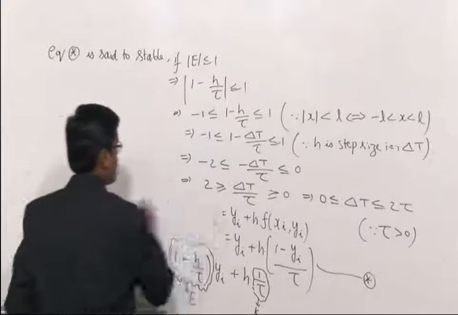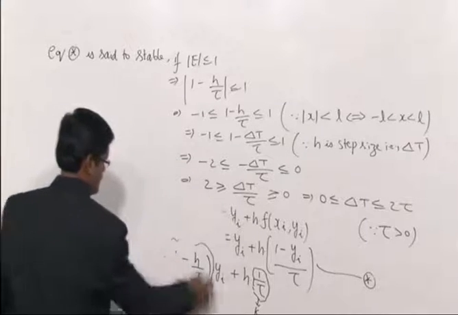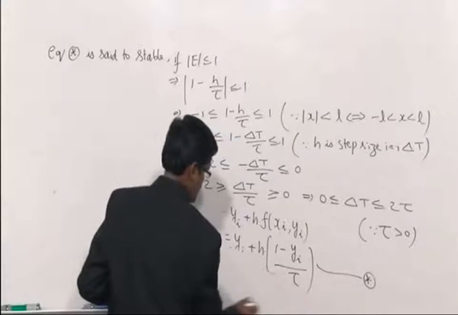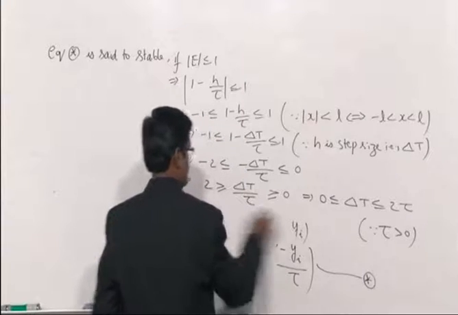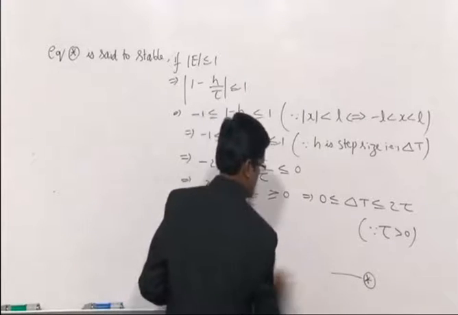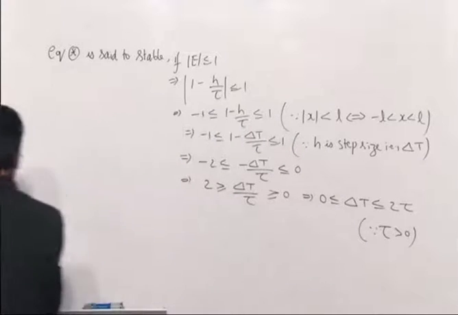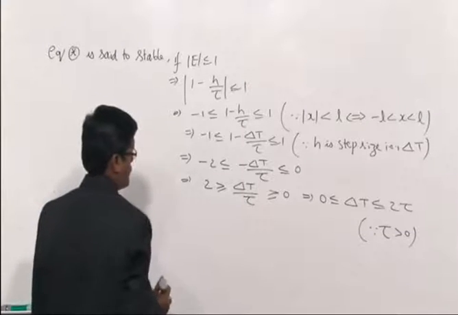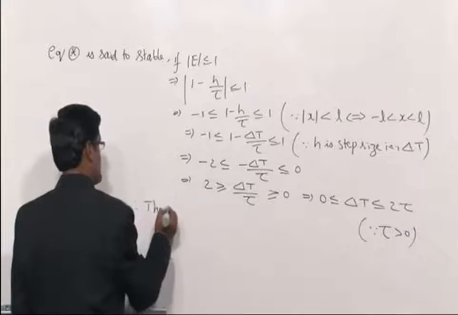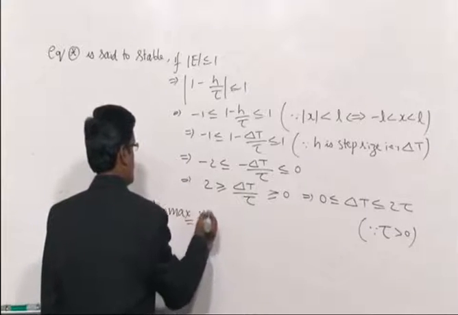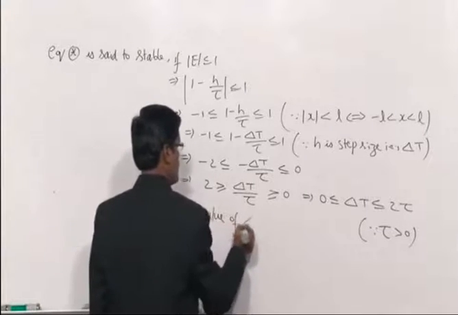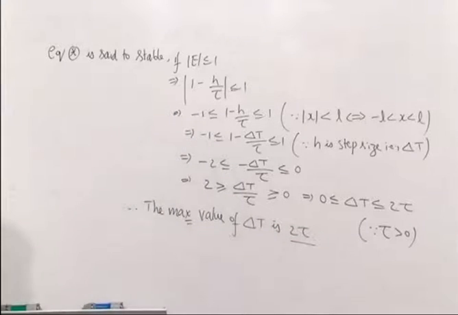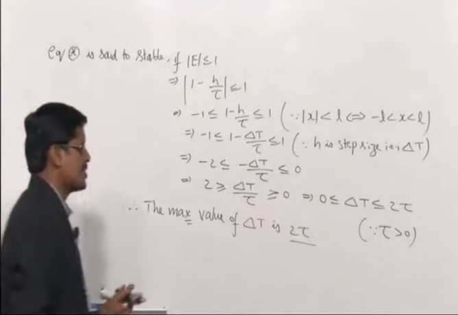So here we have assumed tau greater than 0. Therefore, the maximum permissible value of delta t is 2 tau. Look at the options. Option C is there.